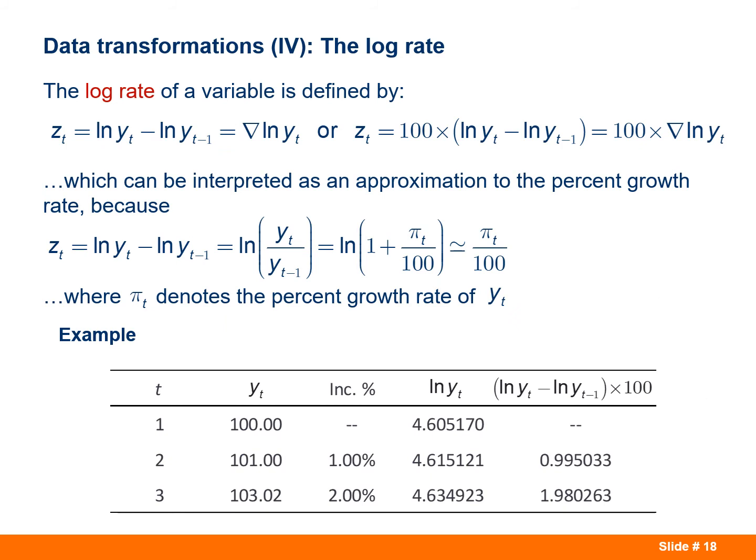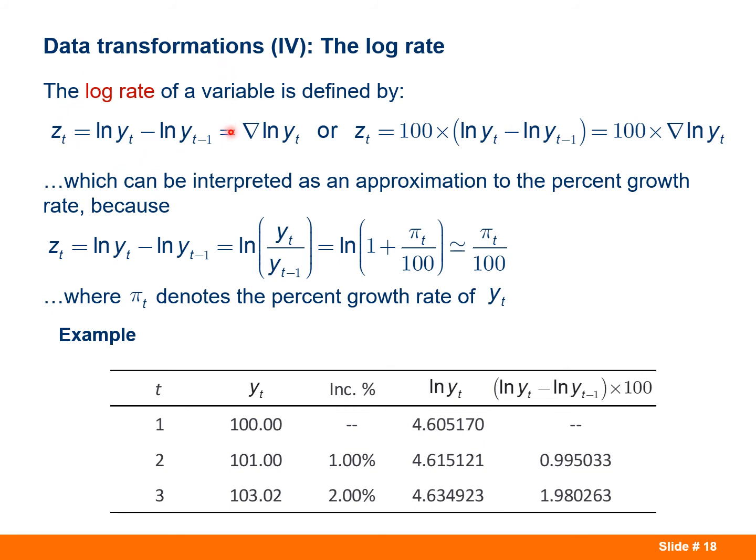The previous transformations may be statistically useful, but they are not intuitive. So it would be nice to have an intuitive interpretation for them. Consider, for example, that the original data is yt, and we compute log yt minus log yt minus 1. This is the time series that we are going to interpret.